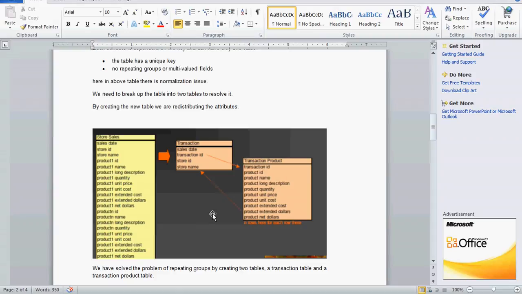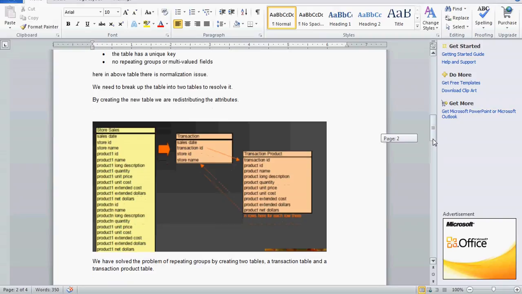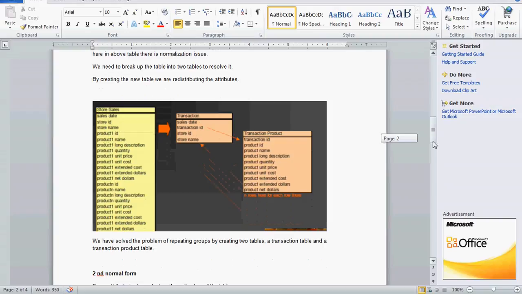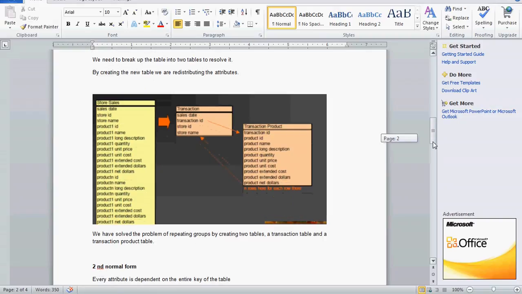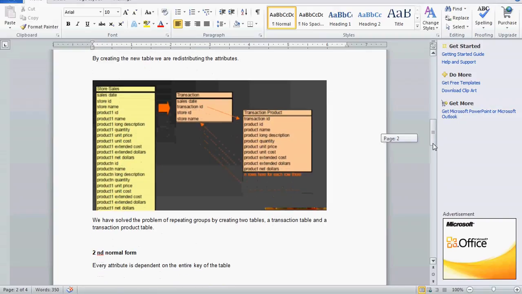Similarly, in the transaction table, transaction ID is the unique key and there are no repeating groups. So we are able to achieve the first normal form. By creating the new table and redistributing the attributes, we are able to solve the issue of zero normal form. That means we have moved from unnormalized to first normal form.